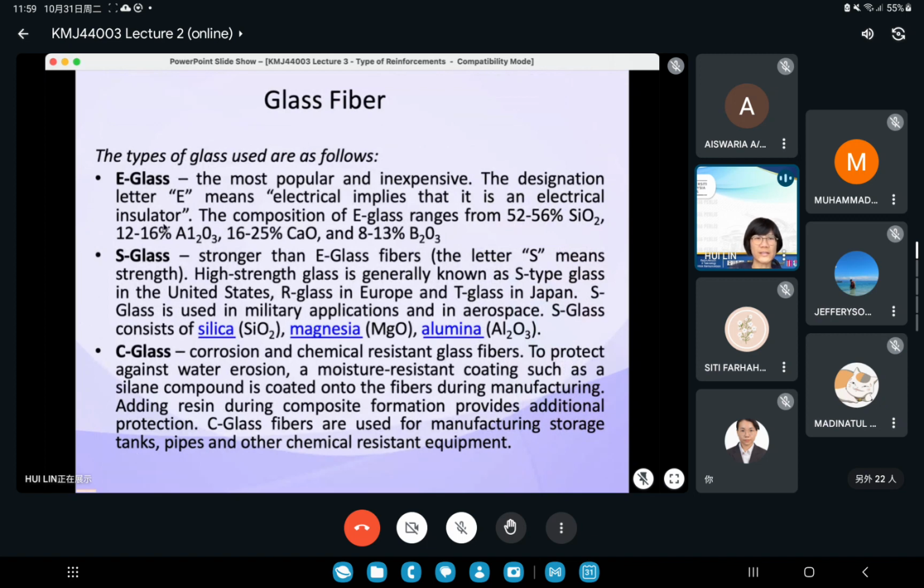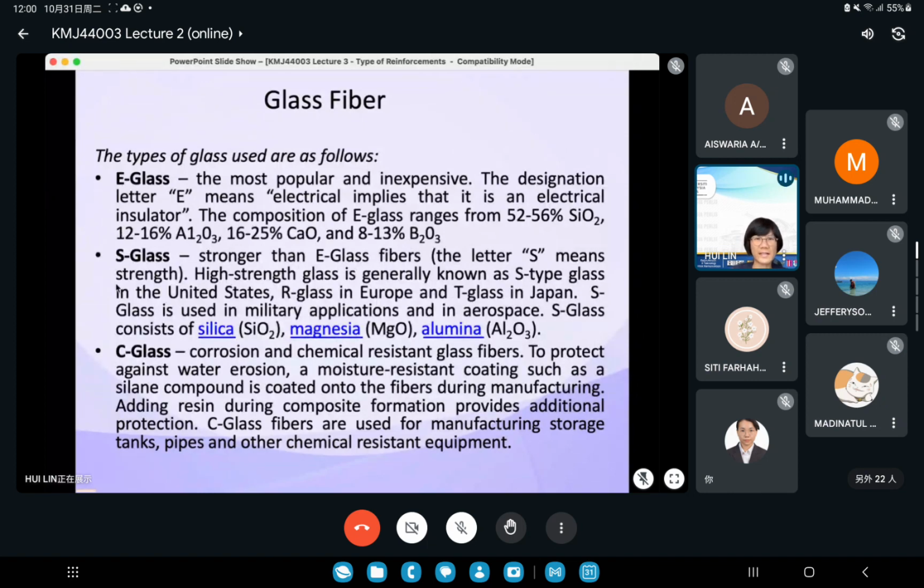So here are the categories of glass fiber. Start from E, the cheapest and the most popular, E meaning electrical. It consists of silica, alumina, calcium oxide, and this is not boron, but beryllium oxide.